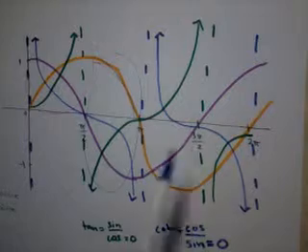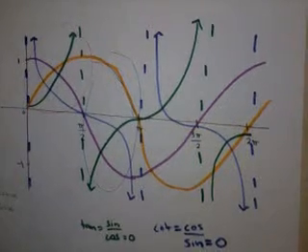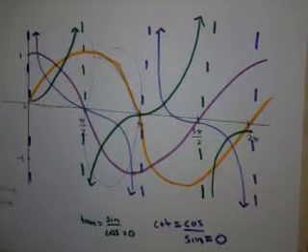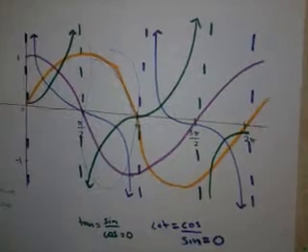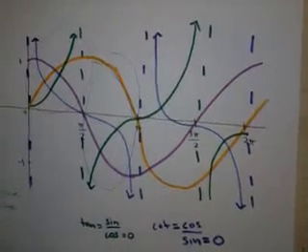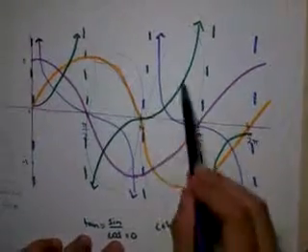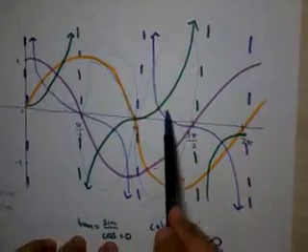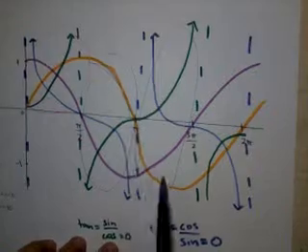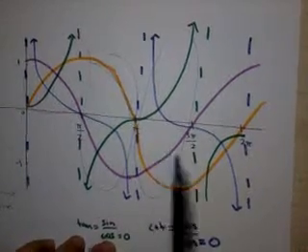From pi to 3 pi over 2, which is 180 to 270, tangent and cotangent are the only ones that are positive, and sine and cosine are negative.